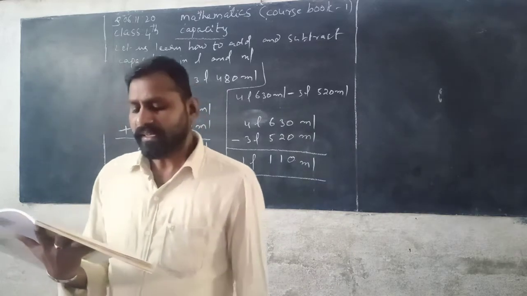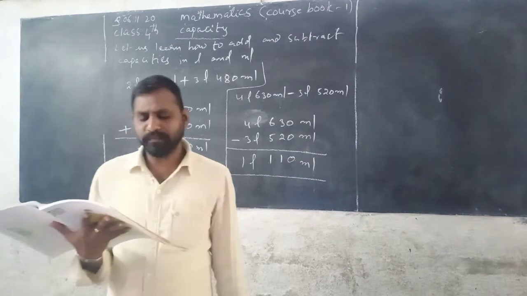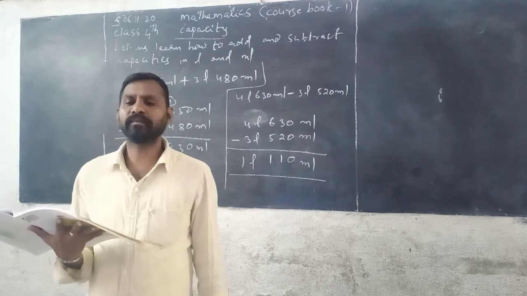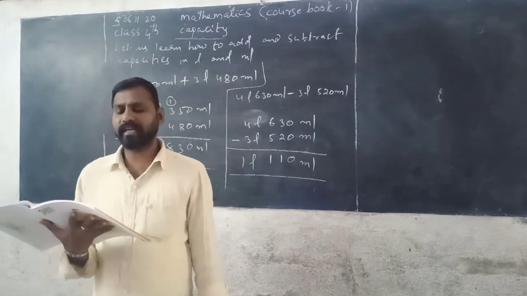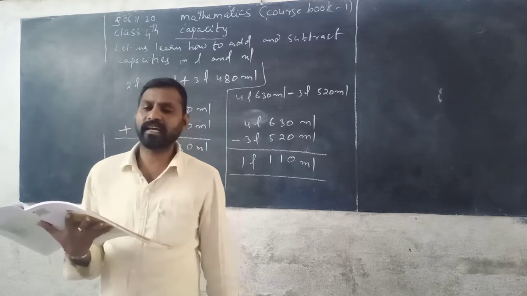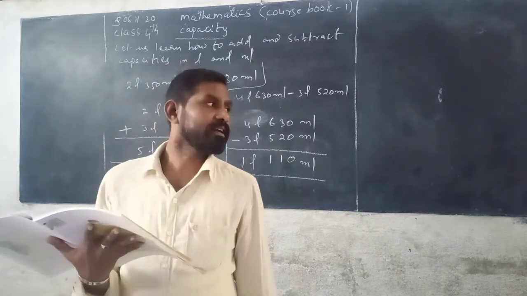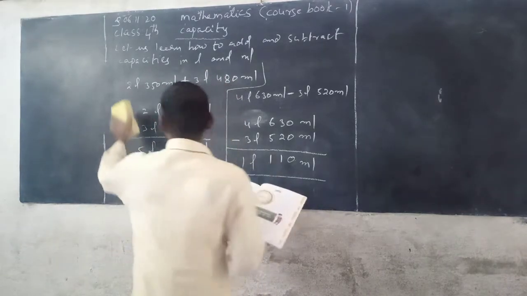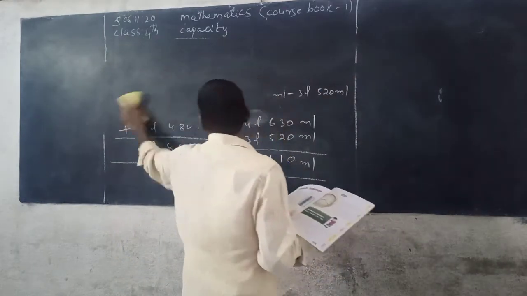Now to calculate the quantity of milk in the bigger vessel, we should add both the quantities. First one is 20 liter 550 milliliter. Second one is 15 liter 960 milliliter. You can get the total quantity of milk in the bigger vessel. See here. Look at the blackboard, everybody.